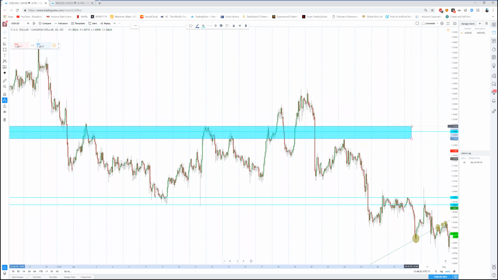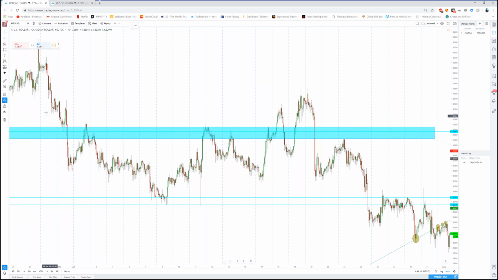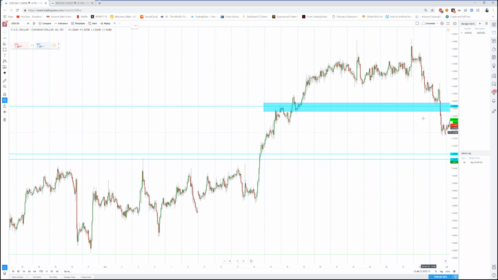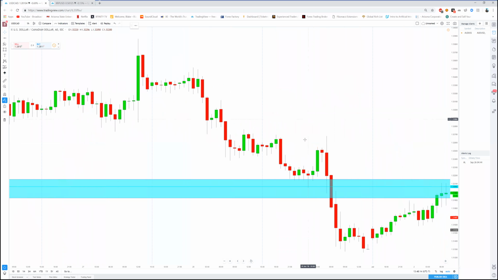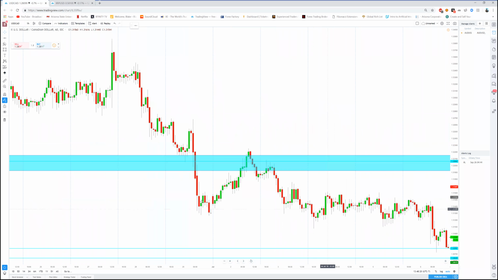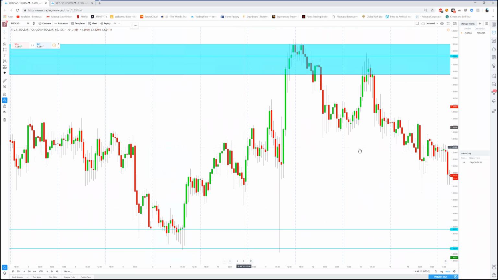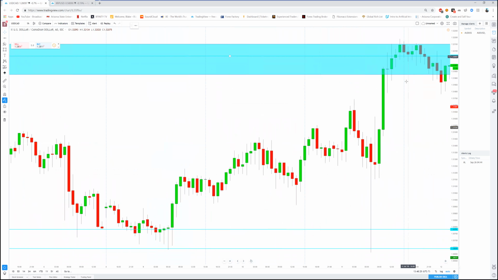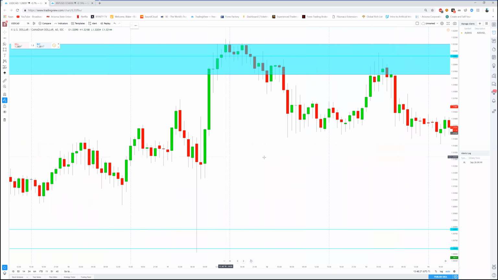It doesn't necessarily have to be in the middle though. So let's use it right here. What I'm basing that off of is all of these wicks finished right there, and all of the bodies of these candles finished there as well.